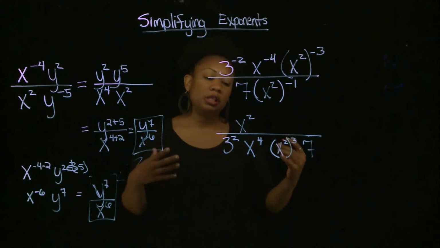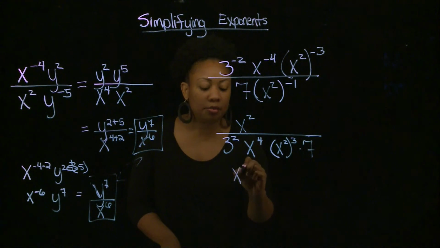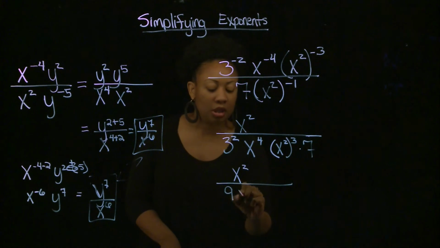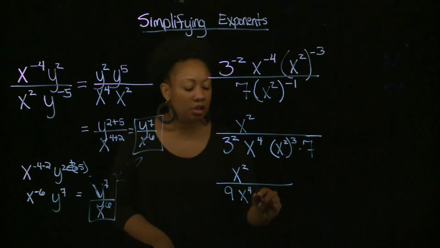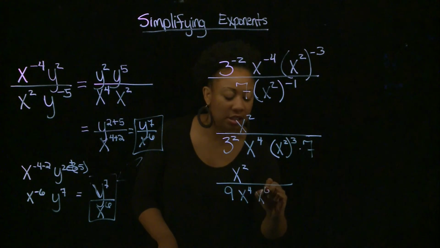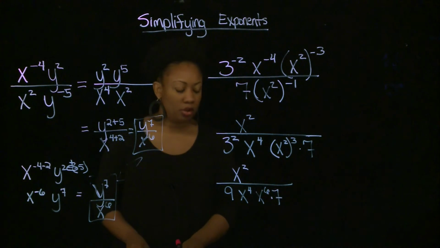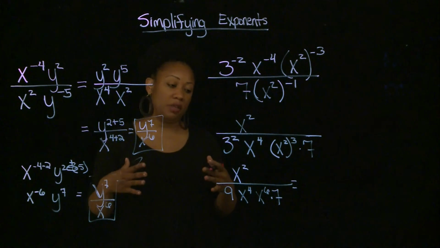All right, so now let's combine these. I'm going to keep my x squared at the top. 3 squared gives me 9. I have x to the 4th. Then I'm going to have 2 times 3, so I'm going to have x to the 6th. And we still have this times 7. As I said, you can do this many different ways.